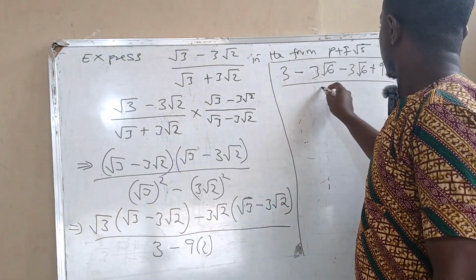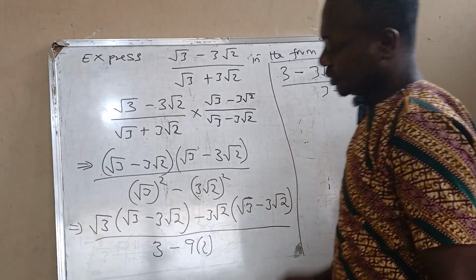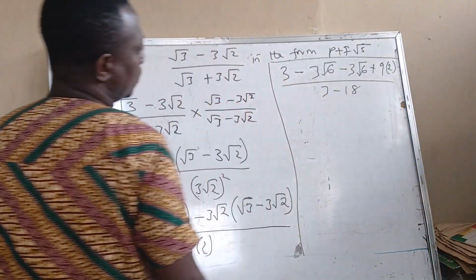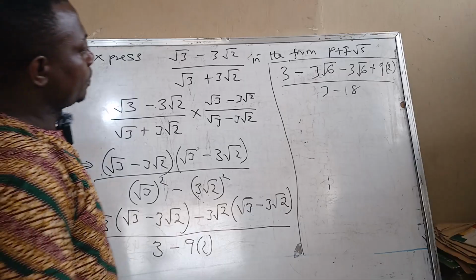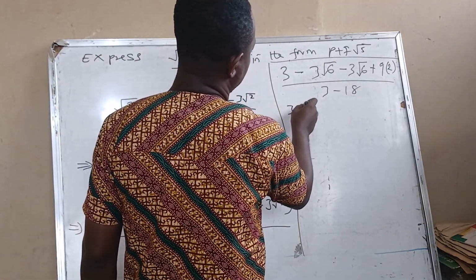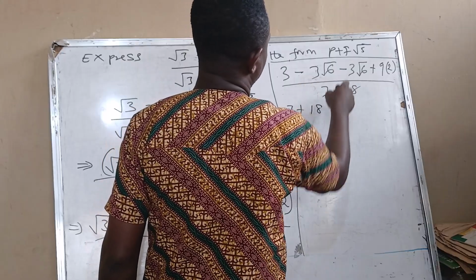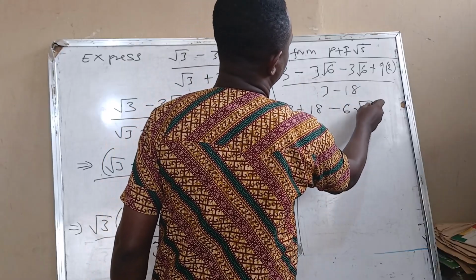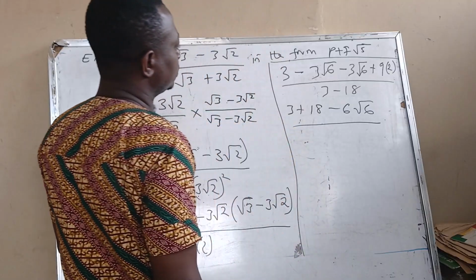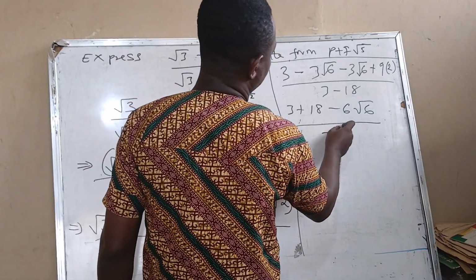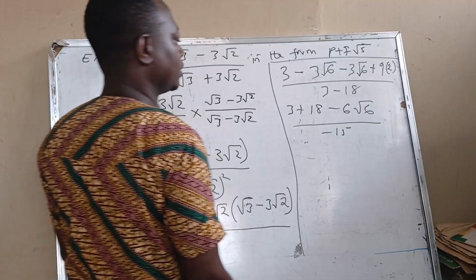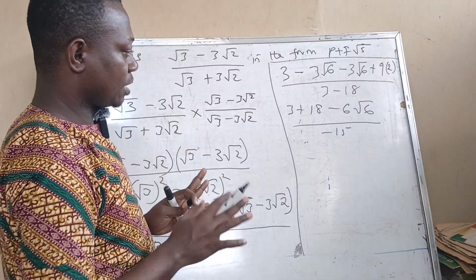So 3 minus 18. Okay, so we have 3 plus 9 to 18. Now minus 3 will be minus 6 with 6 on minus 15. Okay, now let's be very careful.